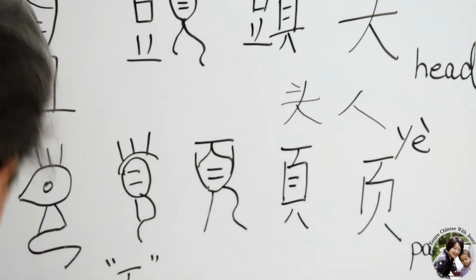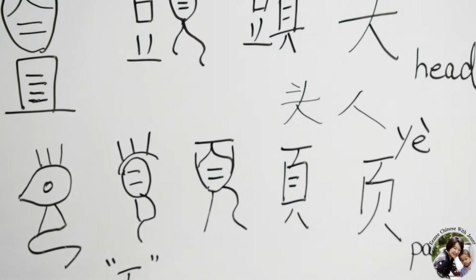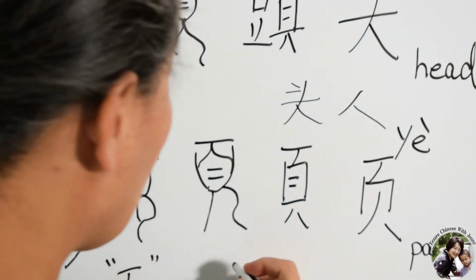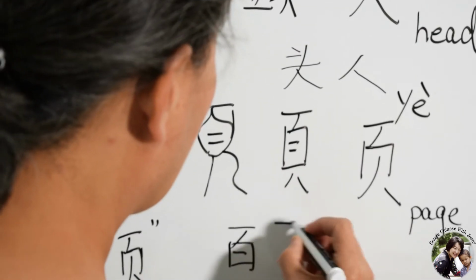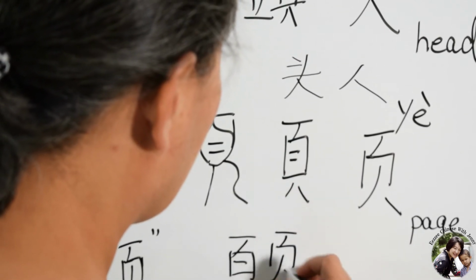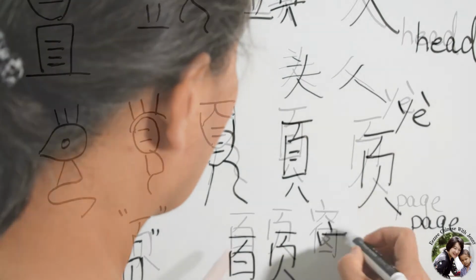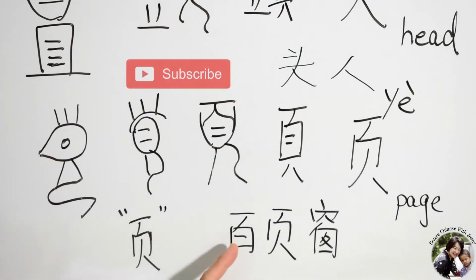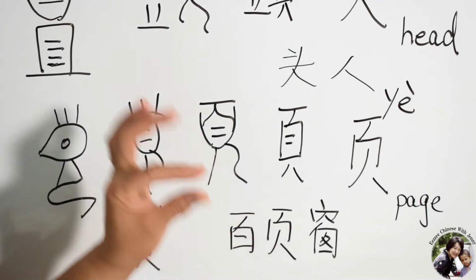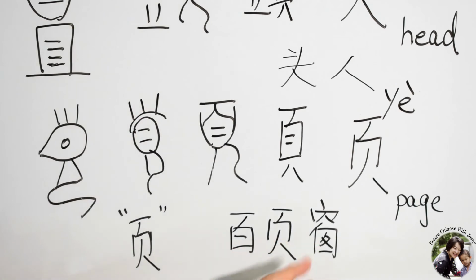Like in China, we have a word 百叶窗. 百, remember, means 100, and it also means many. 叶, layer, the thin layer. 窗, window.